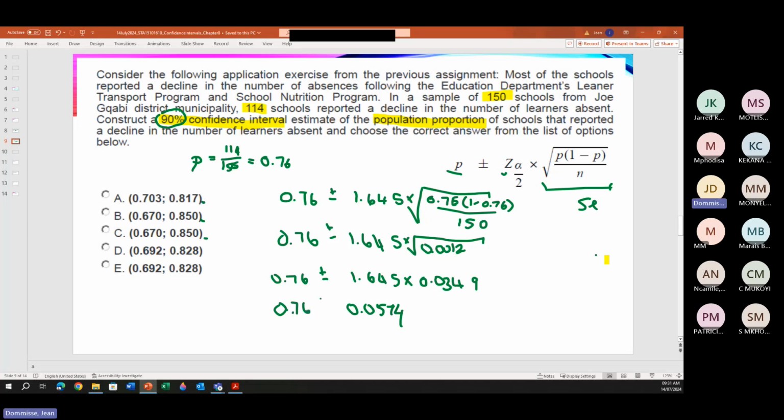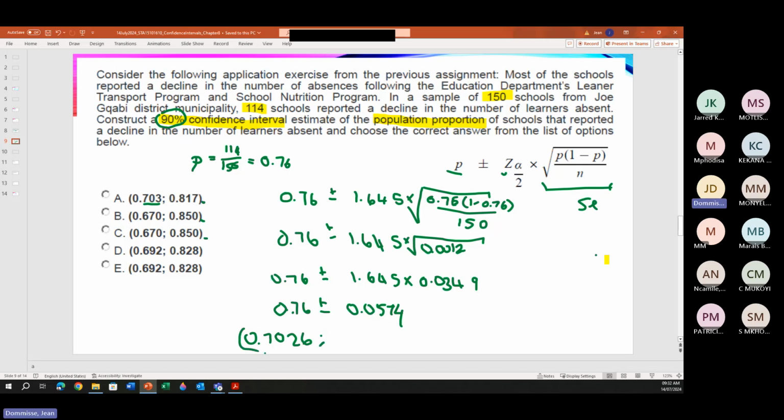Okay, so 0.76 minus that gives me 0.7026. Okay, they round it off to 3 decimals, so that one will be the decimal.